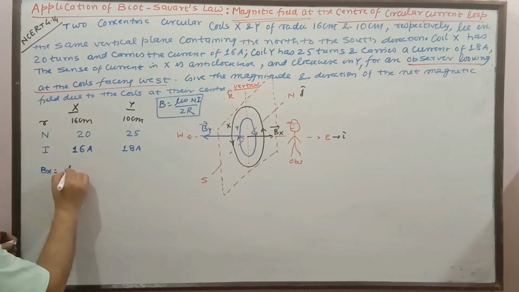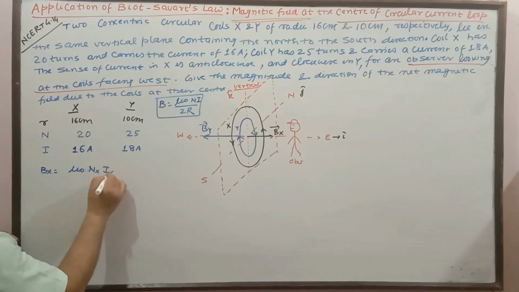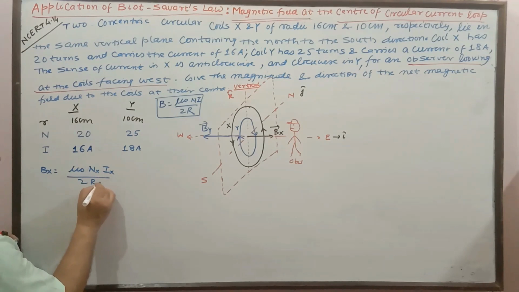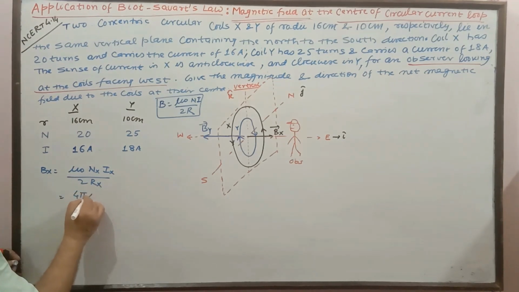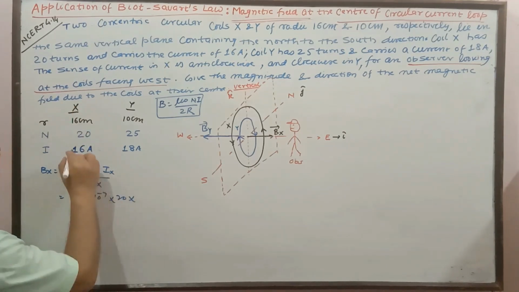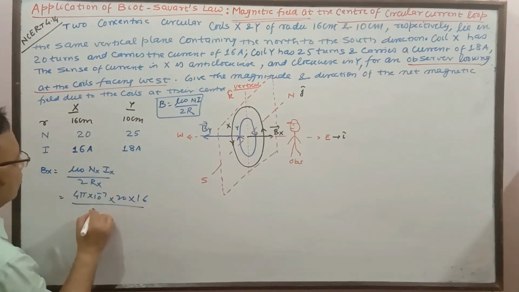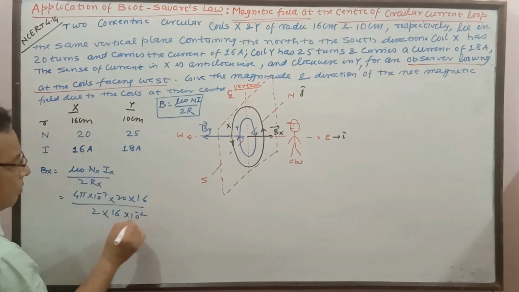So Bx is equal to mu naught Nx Ix divided by 2 Rx. Put the values: mu naught is 4 pi into 10 to the power minus 7, Nx is 20, Ix is 16, divided by 2, R is 16 centimeters, that is 16 into 10 to the power minus 2.